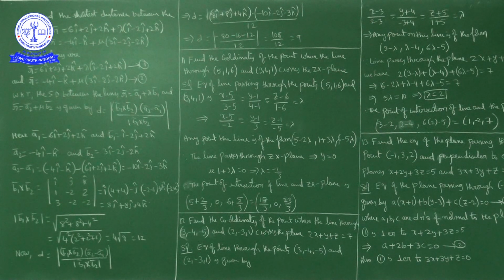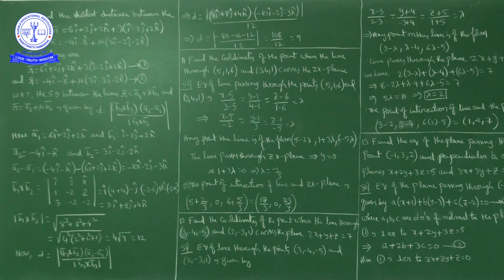Now line passing through 2 points x1, y1, z1 and x2, y2, z2 is given by what? What is the equation of line? x minus x1 by x2 minus x1 is equal to y minus y1 by y2 minus y1 is equal to z minus z1 by z2 minus z1. Now here I will consider 5, 1, 6 as x1, y1, z1 and 3, 4, 1 as x2, y2, z2.